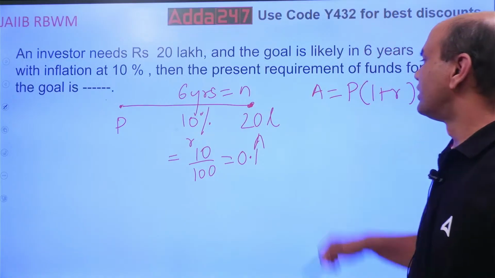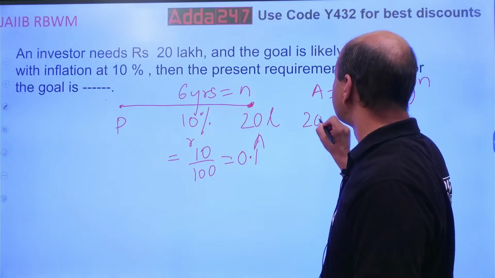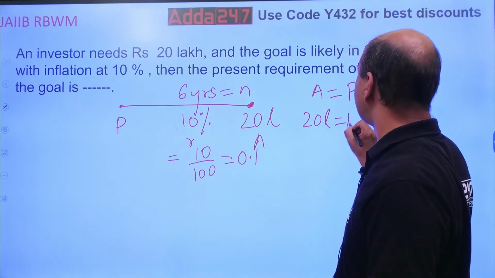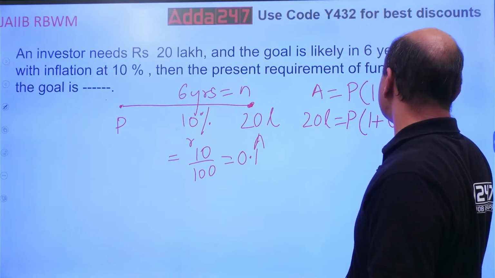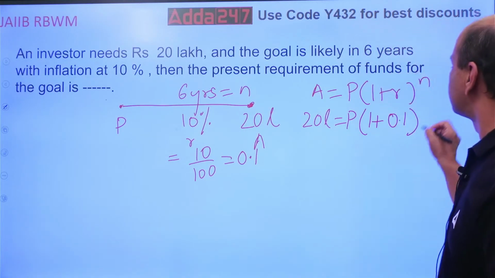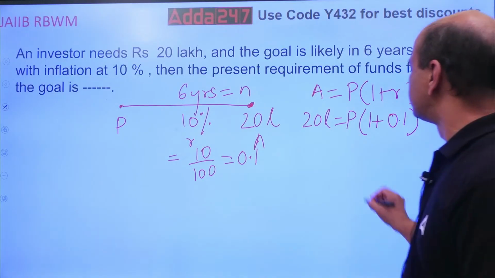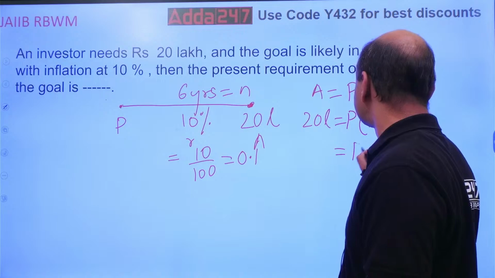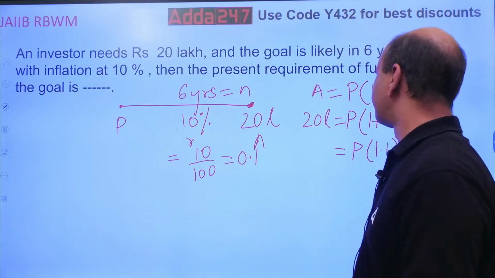Now, find the answer. So 20 lakhs equals P into (1 plus 0.1) raised to N, which is 6. So P into 1.1 raised to 6.